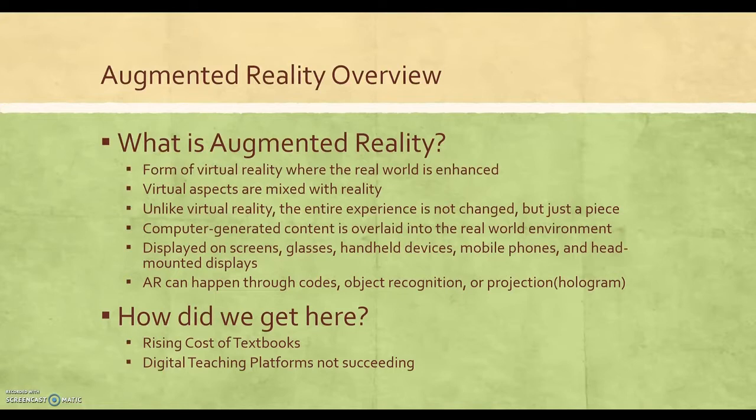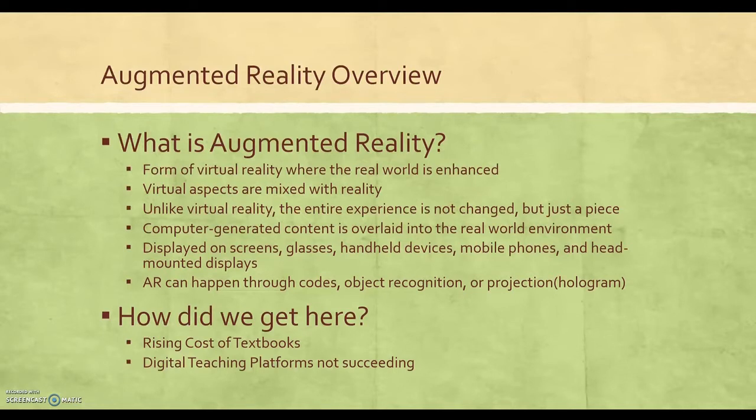This can happen by displaying images on screens, glasses, or head-mounted displays, but more popular, which is how you have probably experienced it, through handheld devices or our mobile phones.